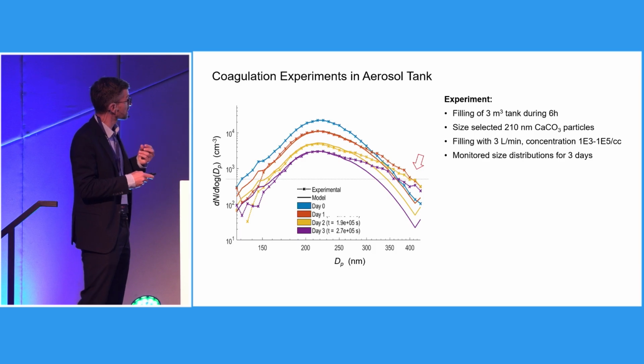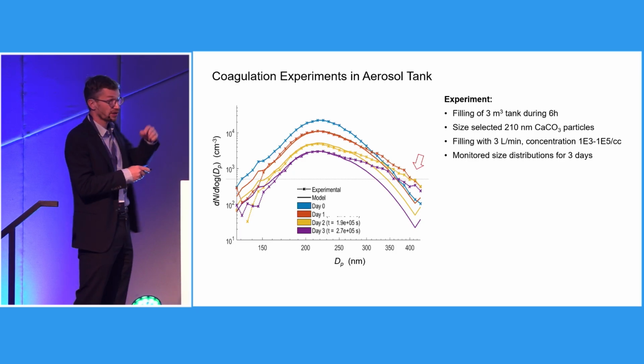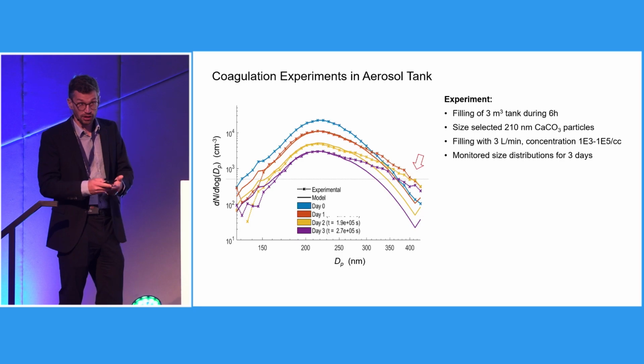And you can see here with a stippled line the experimental results, and the solid lines are modeled, but the model does not account for coagulation. So the difference between the model and the experiment is due to coagulation. The decrease in overall concentration is due to sedimentation and wall losses.